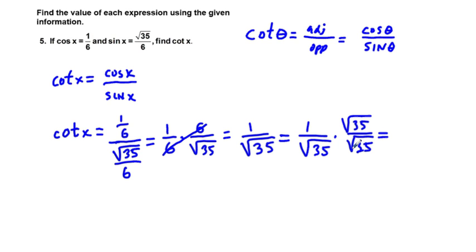Square root of 35 times square root of 35 equals 35, and 1 times square root of 35 is square root of 35. So our best rationalized answer is cotangent x equals square root of 35 over 35.